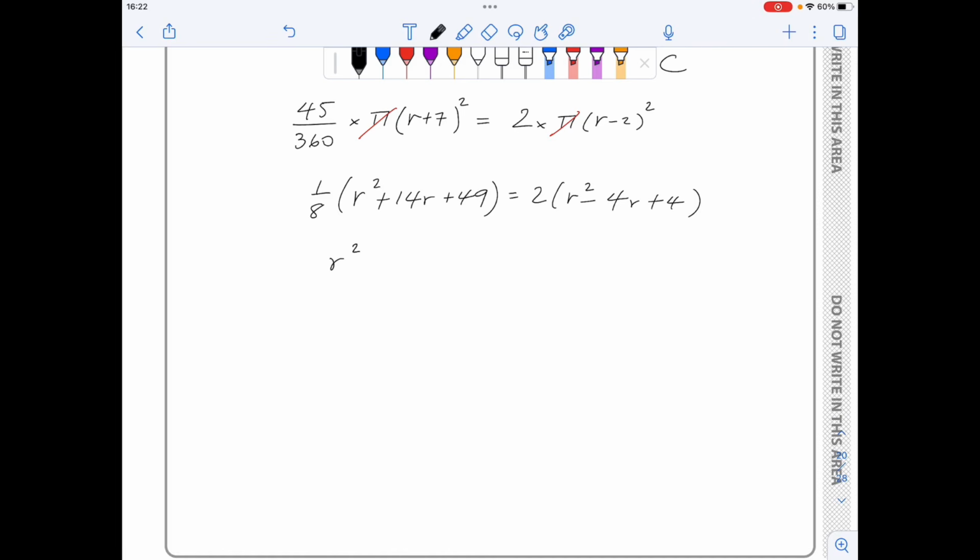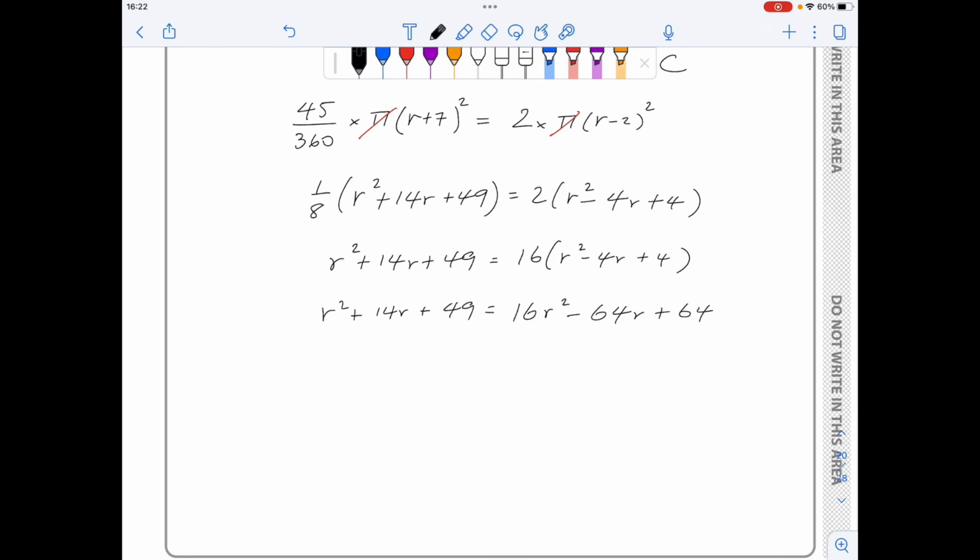So r squared plus 14r plus 49 equals 16 times r squared minus 4r plus 4. Keep the left hand side the same and expand the right hand side. So 16r squared minus 64r plus 64.